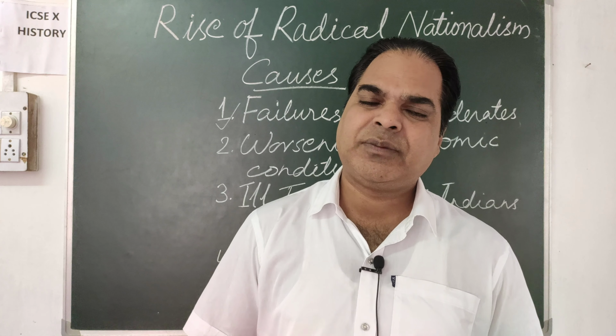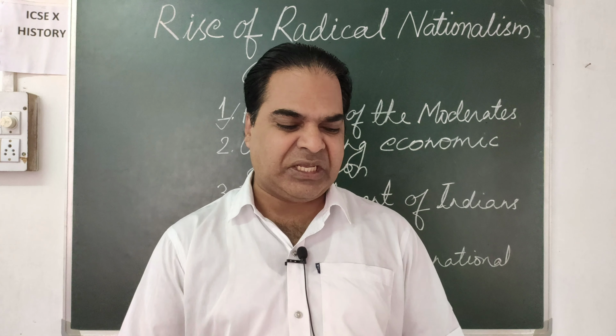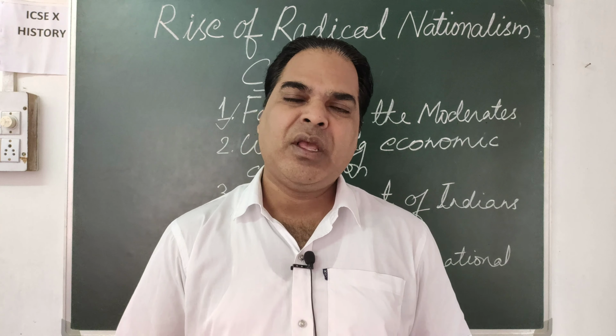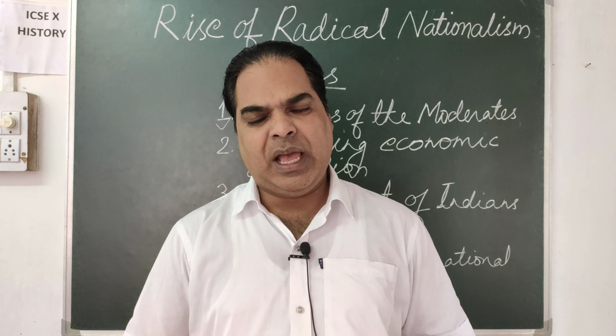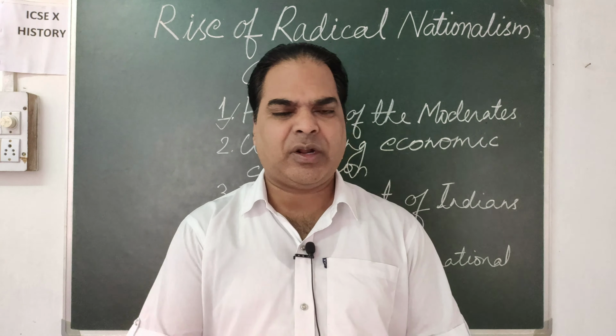The moderates had also failed to secure any substantial political reforms from the British government. We had studied a long list of objectives in the previous class, constitutional reforms and a lot of demands they had placed in front of the British government, but none of the demands were fulfilled by the Britishers.